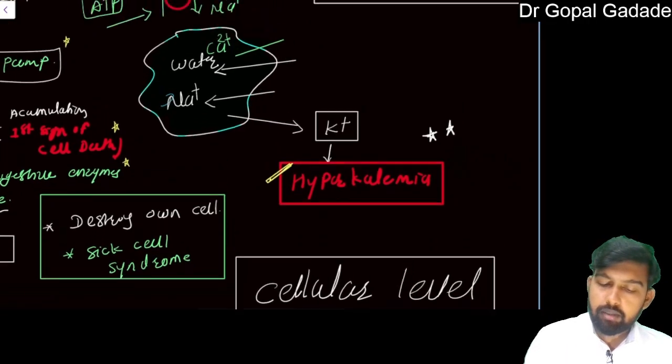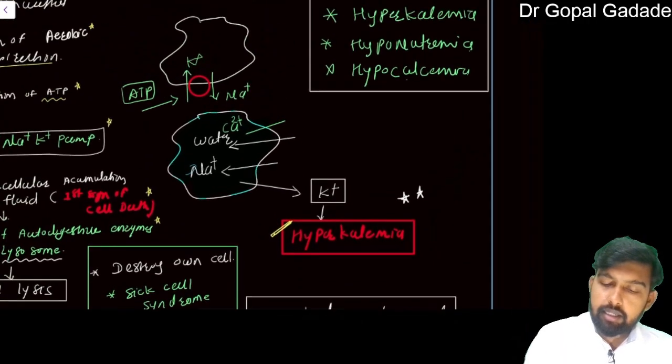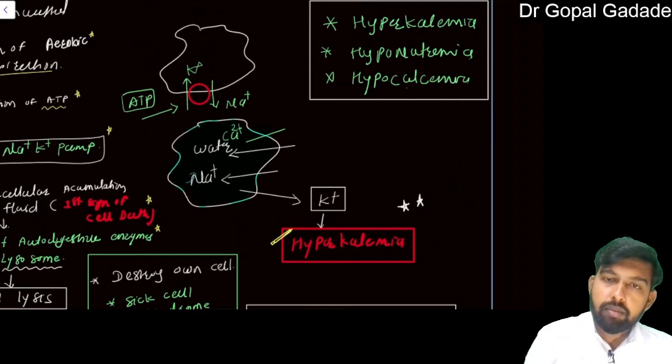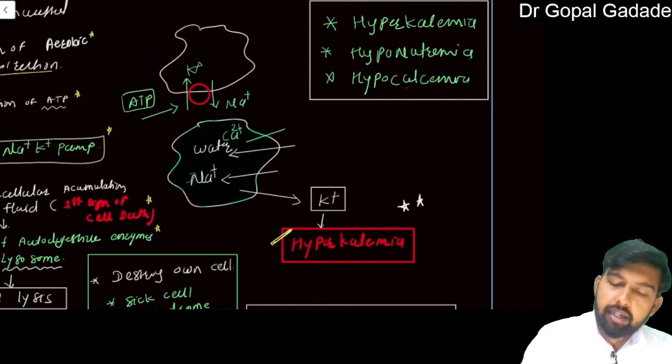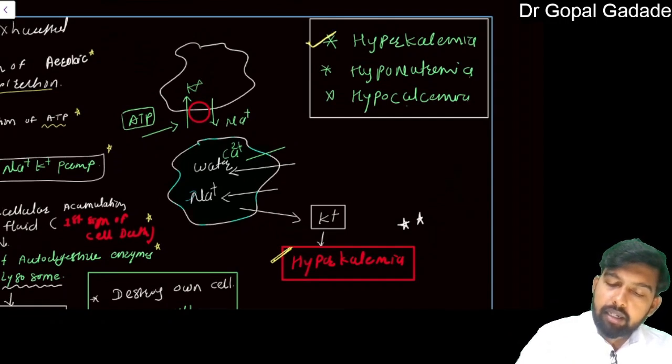So because of the increased release of potassium from the cell after cell death, it will result in hyperkalemia.